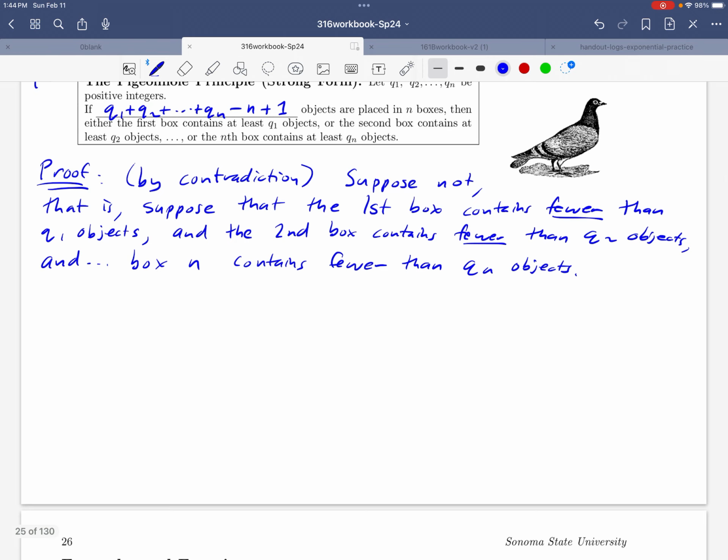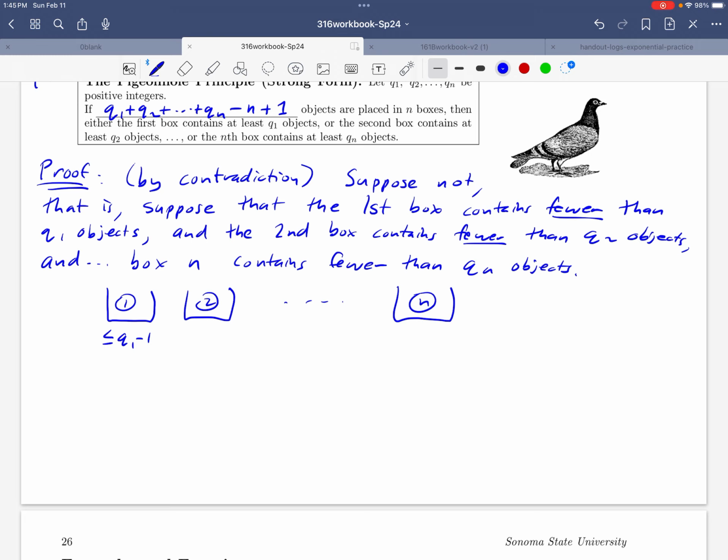And let's draw a picture of that so we can picture what we just wrote here. I'm going to just write out and label the boxes, starting at 1 and ending at n here. And what we just said is that the first box contains fewer than q1 objects, so the most objects that it could contain is q1 minus 1.